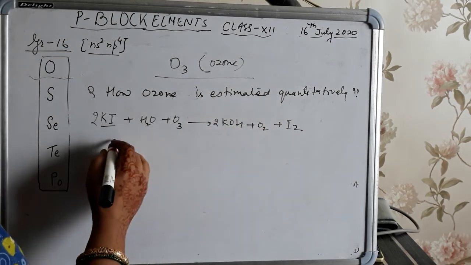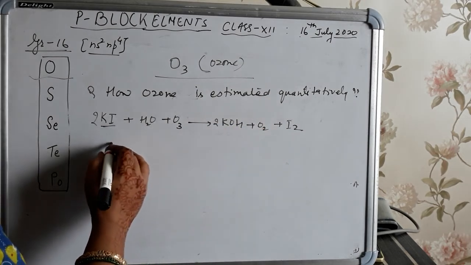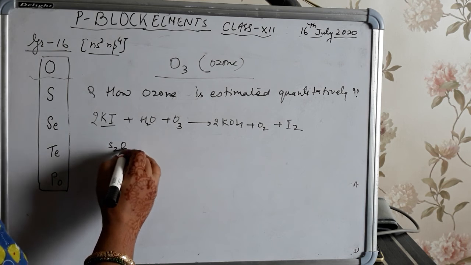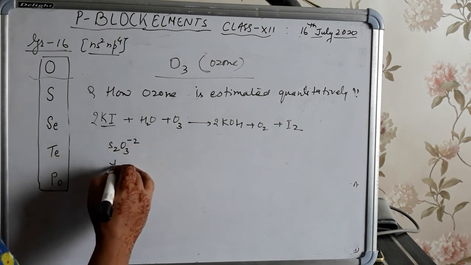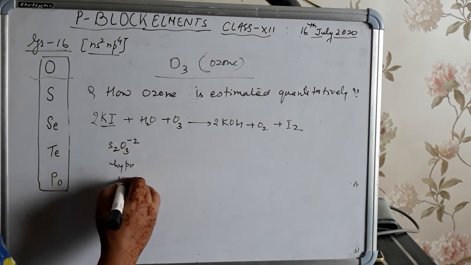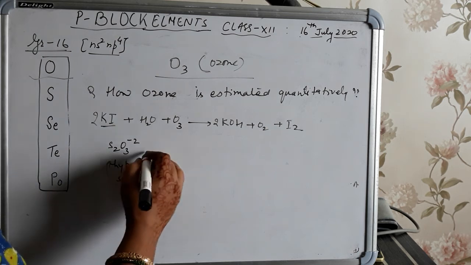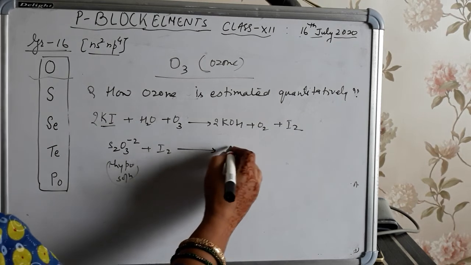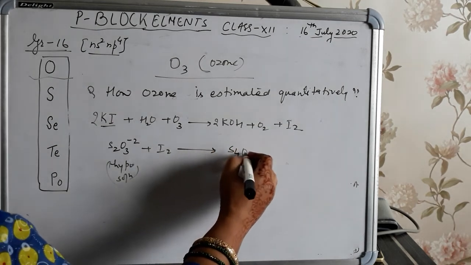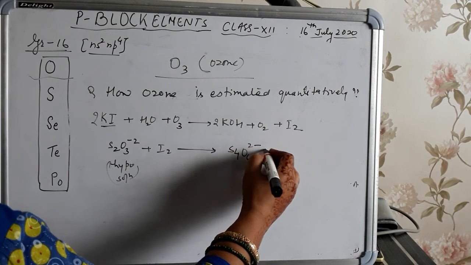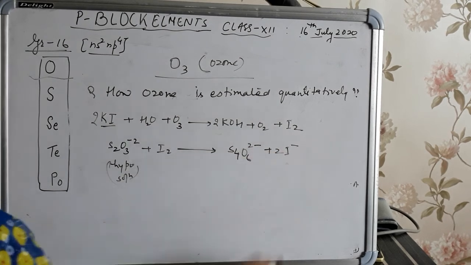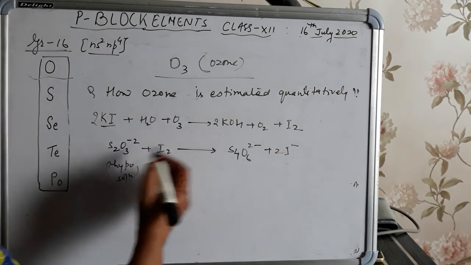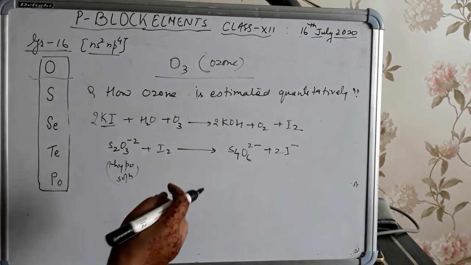It is estimated by titrating with hypo solution, S2O3 2-. It is called the hypo solution, and when treated with iodine, it will be converted to S4O6 2- and 2 iodide ions form.